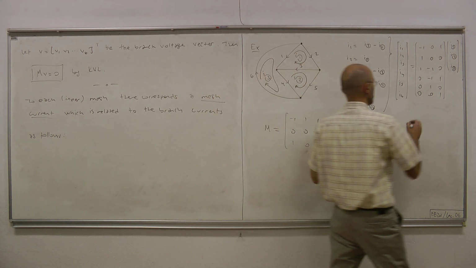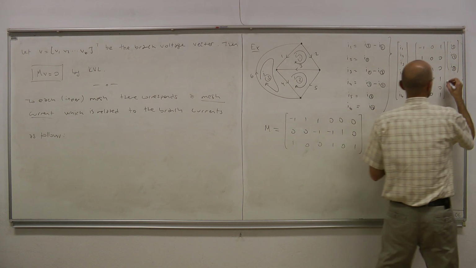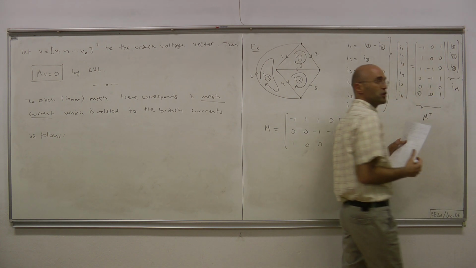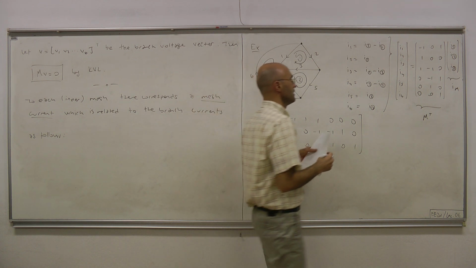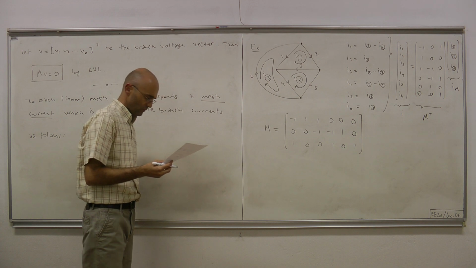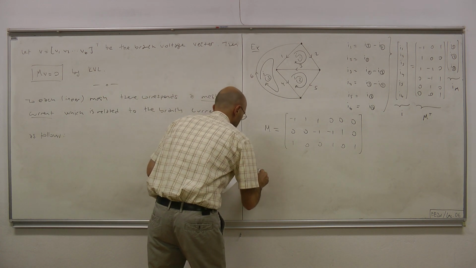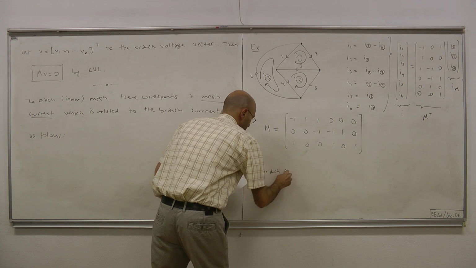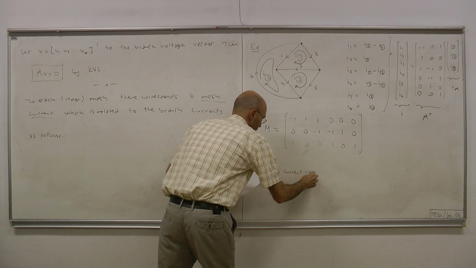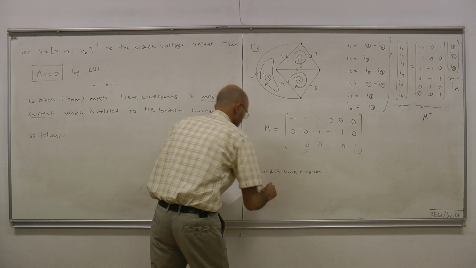This is N transpose. And this we call the mesh current vector, and this is our branch current vector I. So I is the branch current vector, and I_N is the mesh current vector.